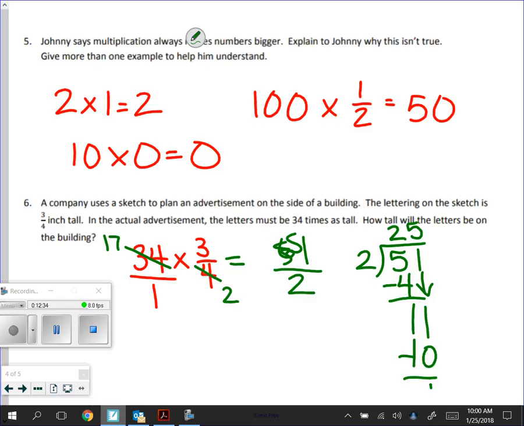I got distracted. I guess I don't need to worry about doing decimals. So it's 25. I wouldn't do remainder 1. I would turn it into a fraction. So 25 and 1/2 inches tall. What?